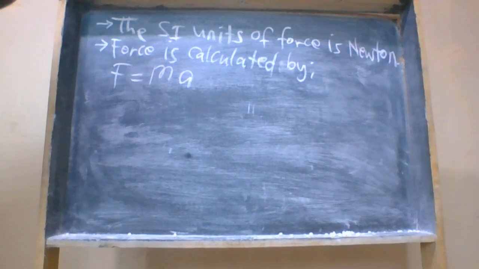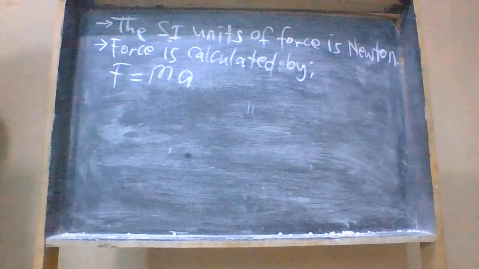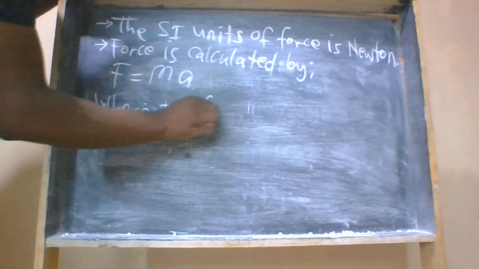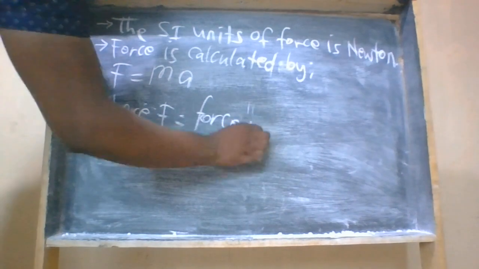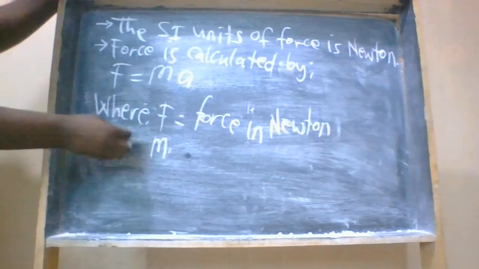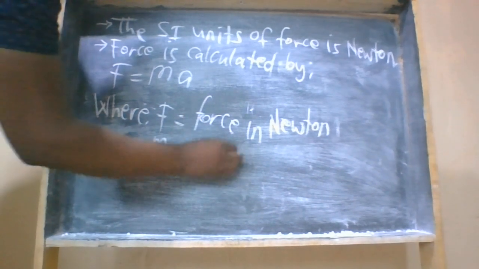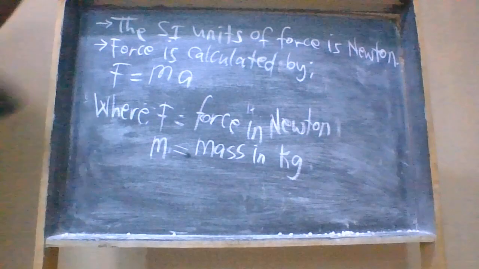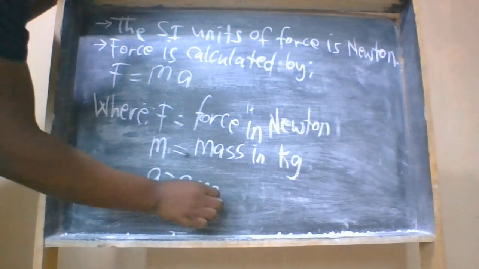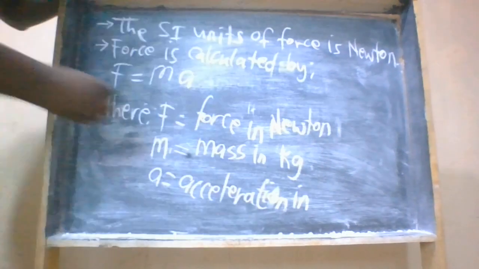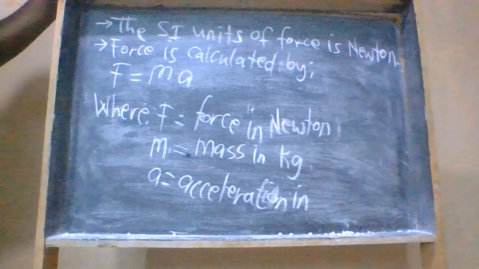We are able to see that force is calculated using this formula, where F equals force in newtons, M equals mass in kg, and A is acceleration in meters per second squared, or in Newton per kg.